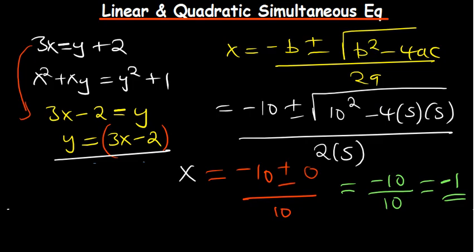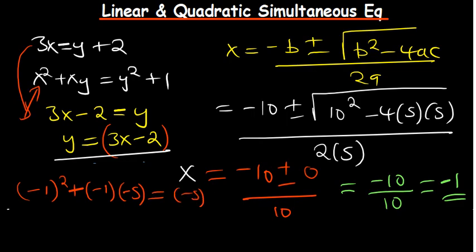Our y has been found to be negative 5, and our x is negative 1, so negative 1 squared. And then on the other side we've got negative 5 squared plus 1, which of course is not true. Why have I missed it? After redoing the video, I'm making mistakes again.